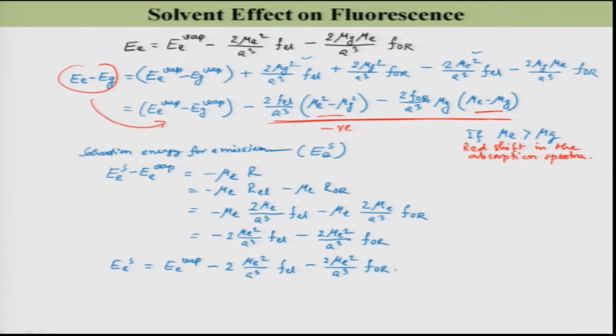So, I got that EES. Similarly, I will also have to get the EGS. That we can also do easily. So, I can write EGS minus EG vapor. Let us do that over here. This is another important equation. For that EGS minus EG vapor, this is equal to which state?